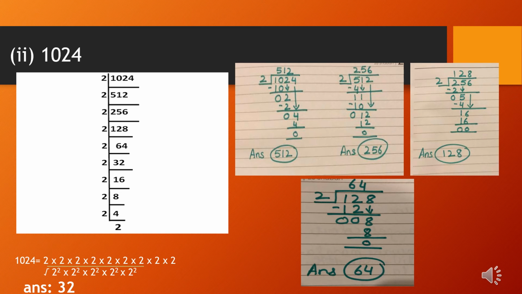Then you are going to write them with raised to power 2 because we are finding the square root and we are going to make the pairs of two 2's each time. Then the raised to power 2 will be cut by the under root and your final answer will be 32, because we get 2 five times and 2 multiplied 5 times gives you 32.